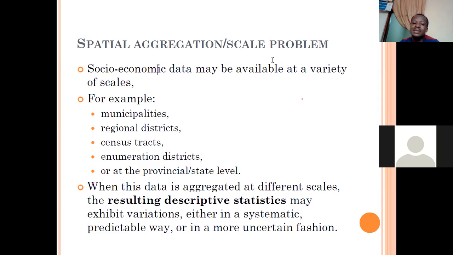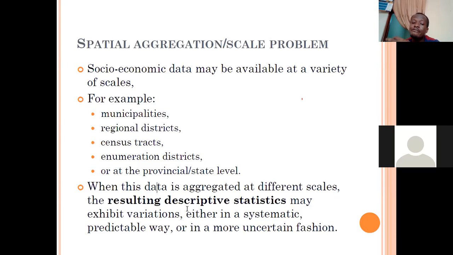So that is the problem. Trying to generalize and say that Ghana is a poor country, you are lying. There are rich people here. To put it bluntly, that is what the spatial aggregation problem is. When data is aggregated at different scales, the resulting descriptive statistic may exhibit variations.